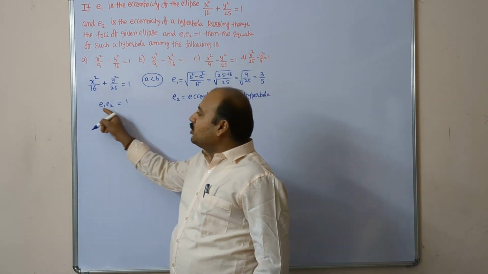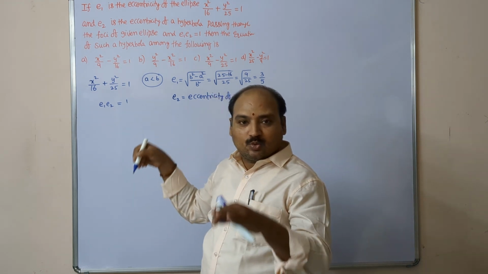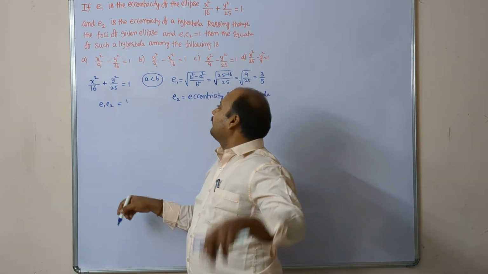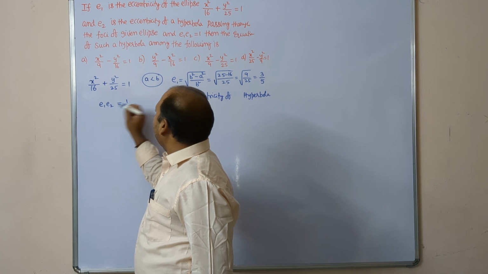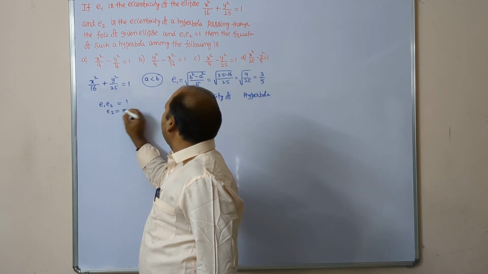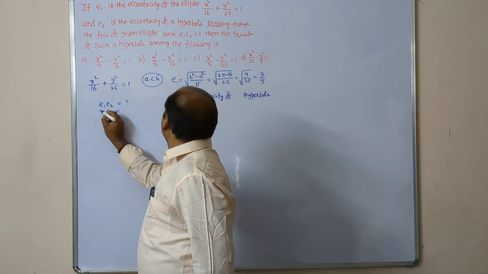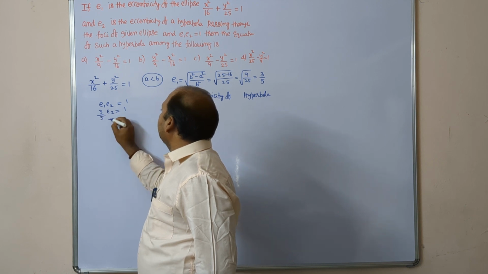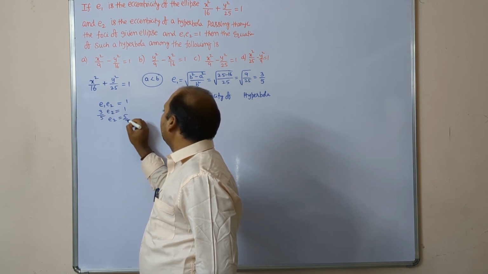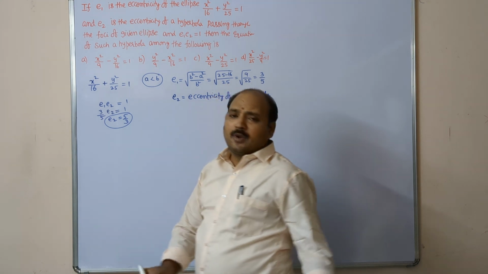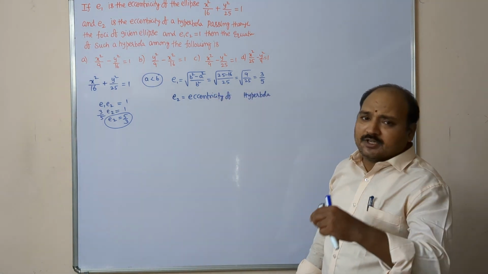Whenever the product of two eccentricities is equal to 1, clearly we will get E2 now. Substitute the E1 value, 3 by 5, and E2 is equal to 5 by 3. We got the E2 value of the hyperbola.